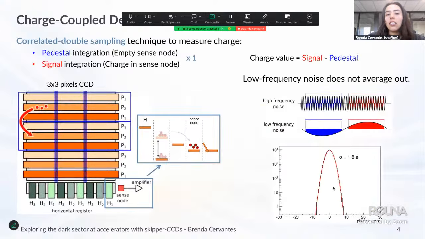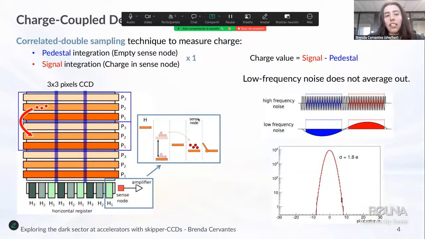Usually in CCDs, we apply what we call the correlated double sample technique to measure the charge. Here you have the readout stage of a CCD, and you have a sense node that is actually a transistor that will give you a voltage depending on the charge beneath this electrode.